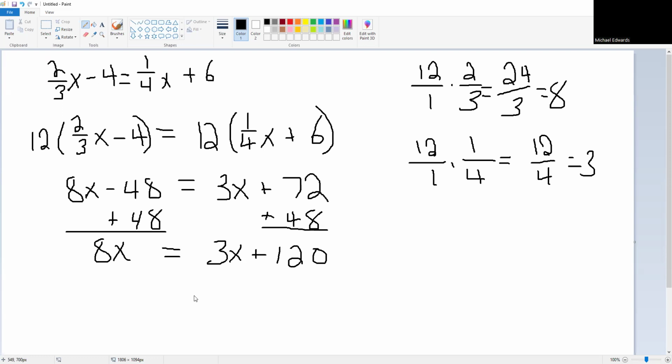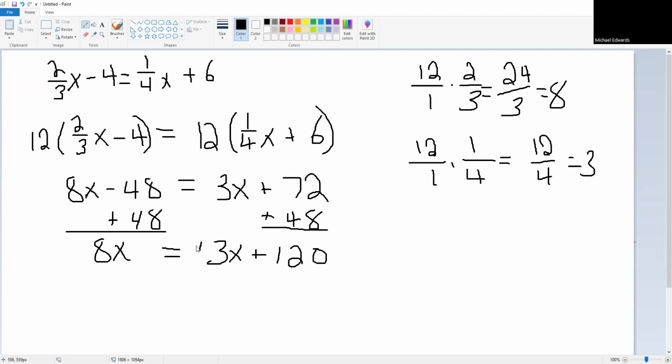Now, to get this x over to here, what should we do? Do we multiply or divide or subtract or add? Think of it like this.